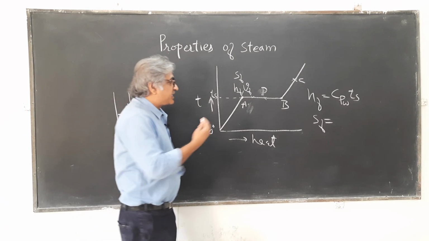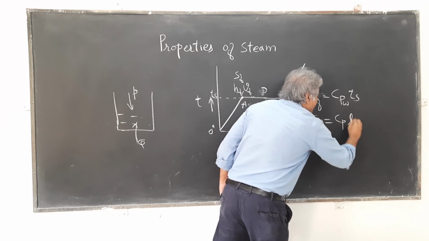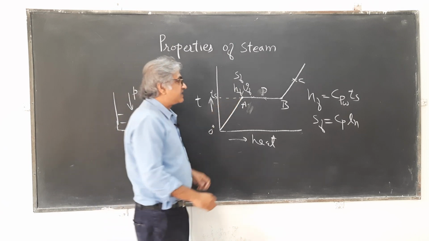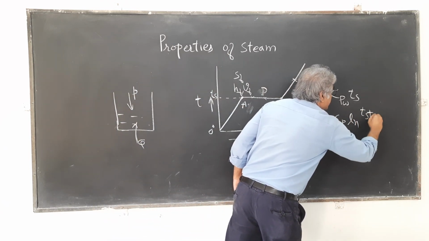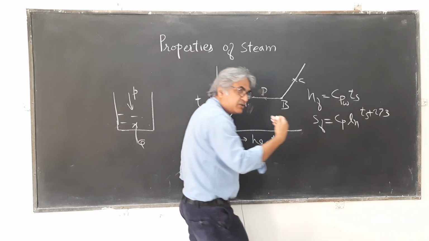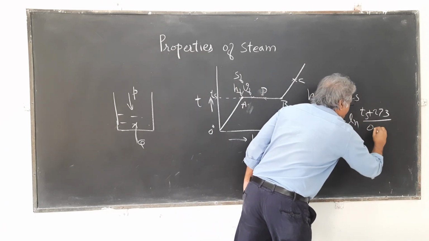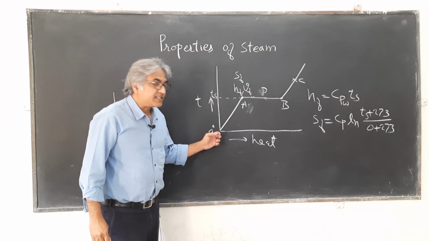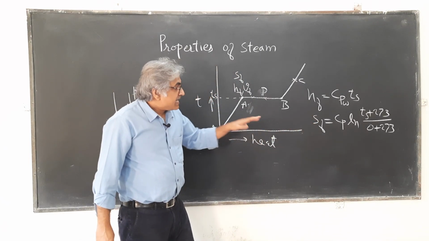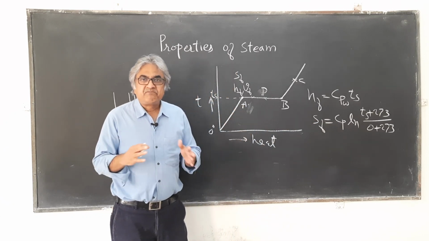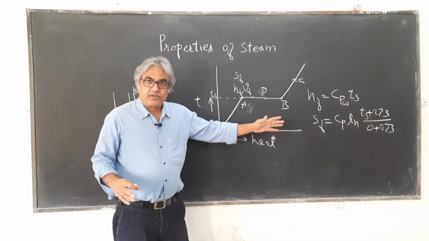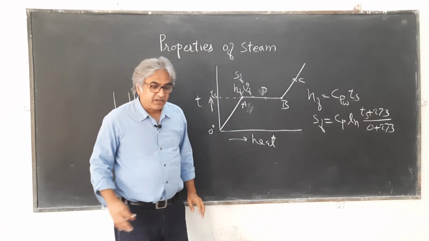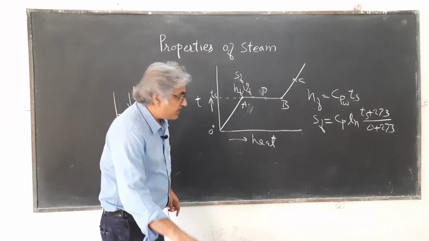M is 1, so it is Cp ln T2 by T1. T2 is Ts, so it is Ts plus 273, converting to Kelvin, upon 0 plus 273, because it starts from 0 degrees Celsius. This will give you SF. Even this expression you don't have to really calculate using the formula, but I am just starting from first principles. All these values will be readily available in the steam table. So these are the three properties.